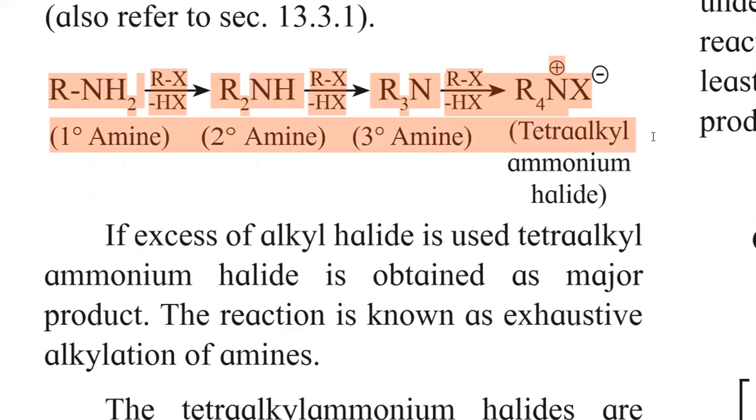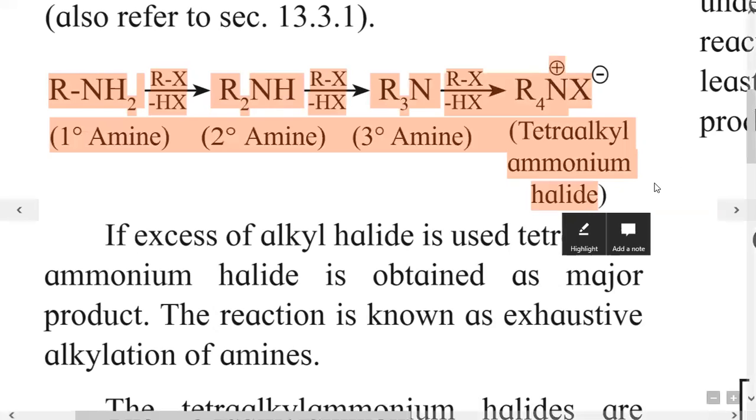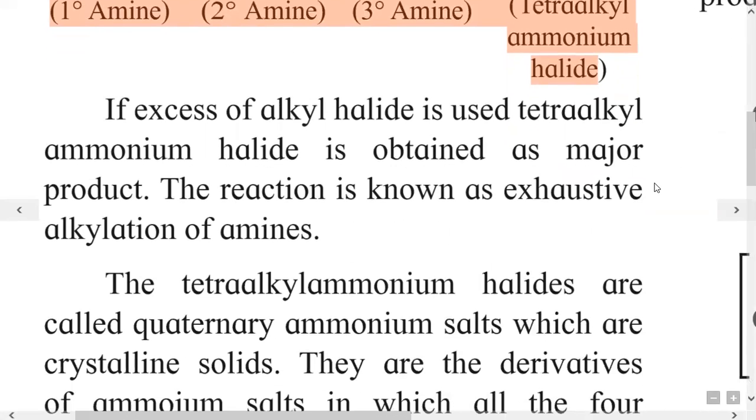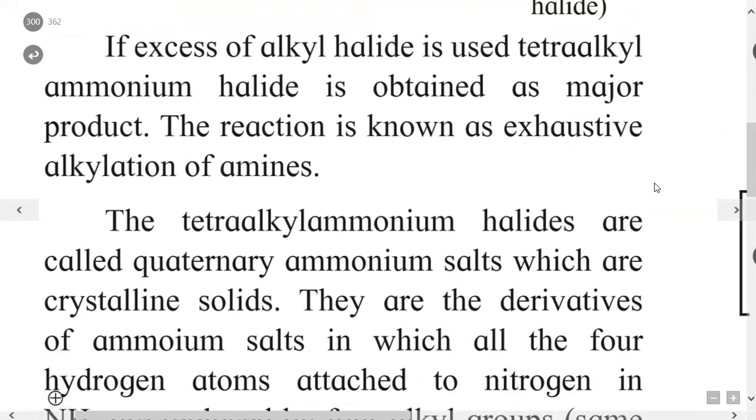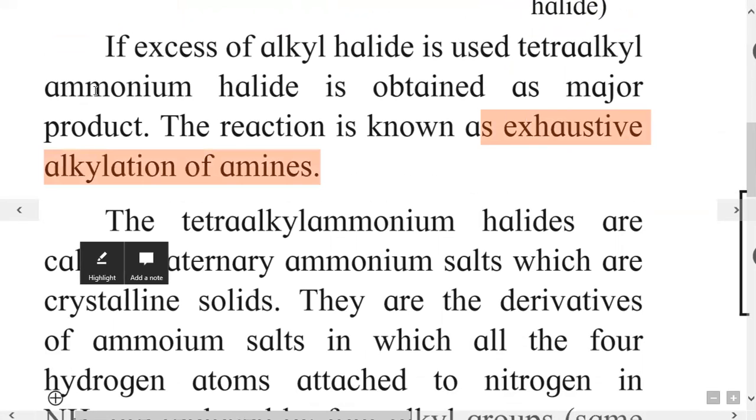This is tetraalkyl ammonium halide, commonly also called quaternary ammonium salt. So if excess of alkyl halide is used, then we get tetraalkyl ammonium halide as a major product. And this reaction is exhaustive alkylation of amines.